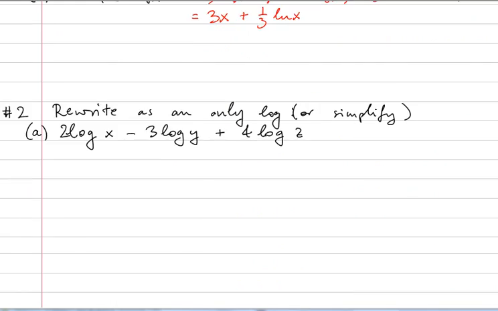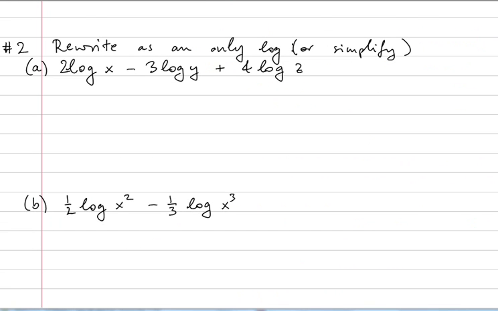Okay. Next problem is asking to do the opposite. So here we have some constants in front of the logarithm. They will come in the logarithm as exponents. So when I want to rewrite this, I'll have log of x squared, and then I'll have plus log of y to the negative 3, and plus log of z to the 4th power.